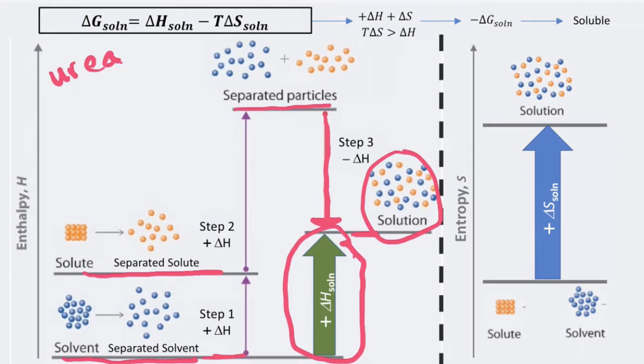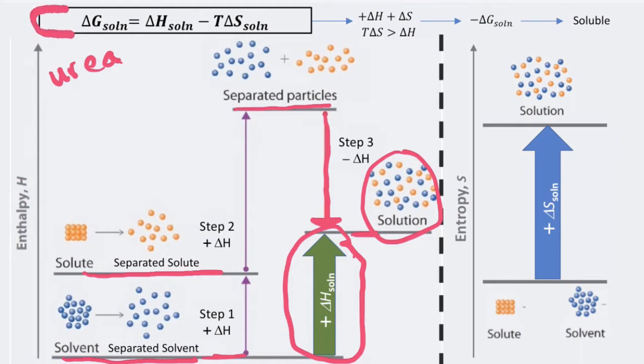If this whole process is taking energy, why is it even happening at all? Why would something dissolve that's an endothermic solute? Well, because remember we talked about that enthalpy is not the only driving force. We have our Gibbs free energy up in the corner here.